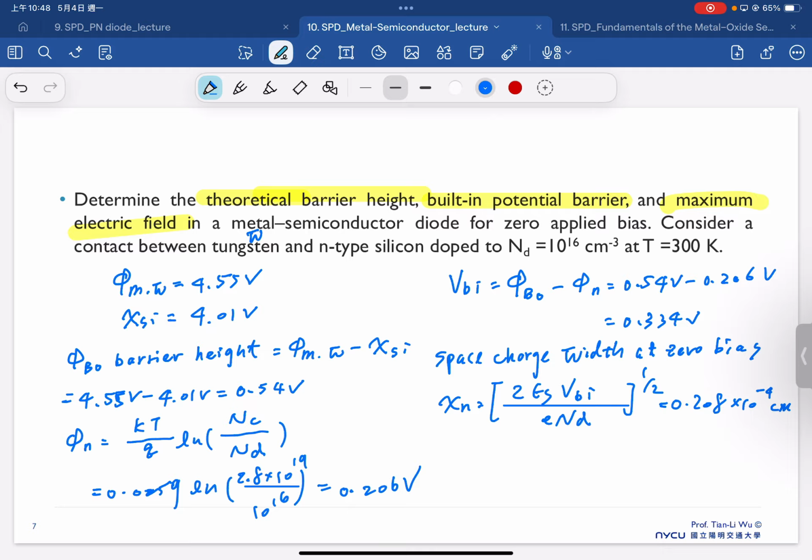And therefore the maximum E field is E max, which is q ND Xn over epsilon S, which is 3.21 times 10 to the 4 volt per centimeter.